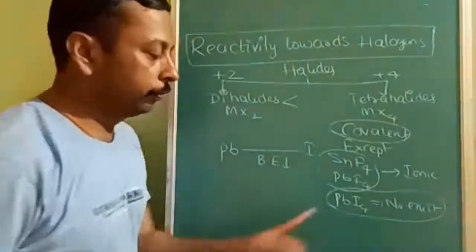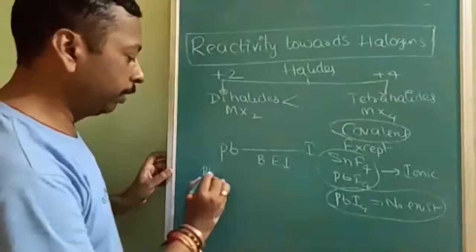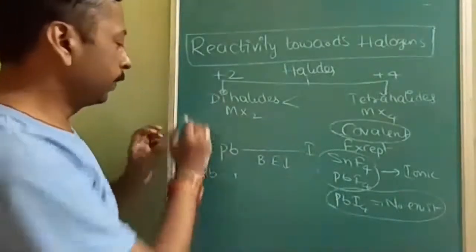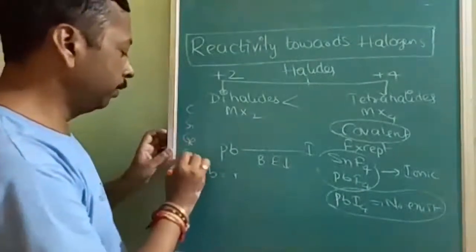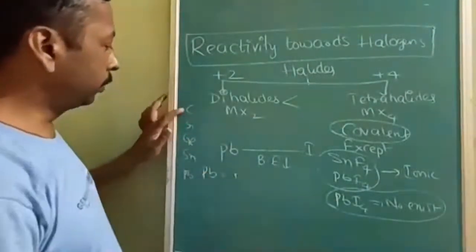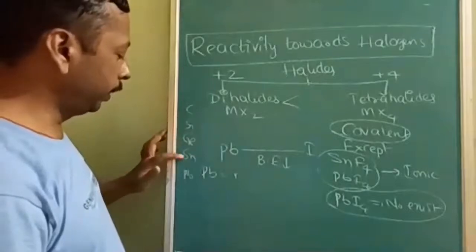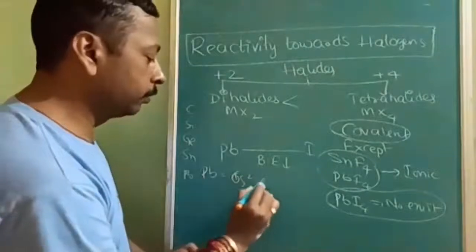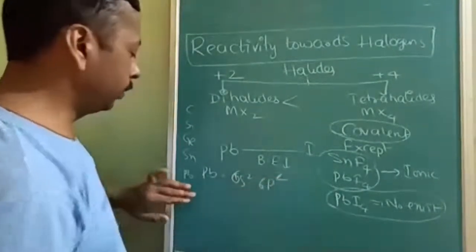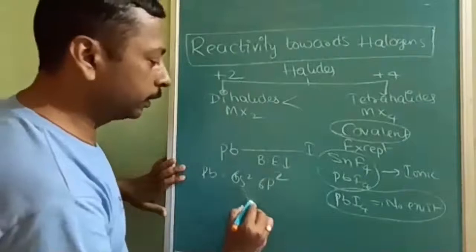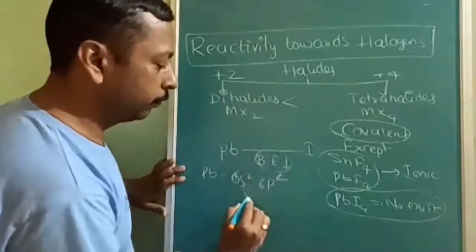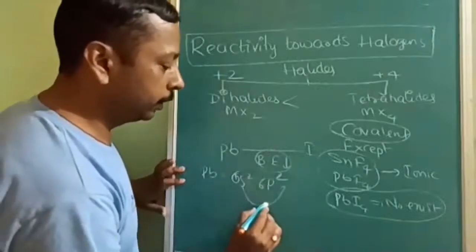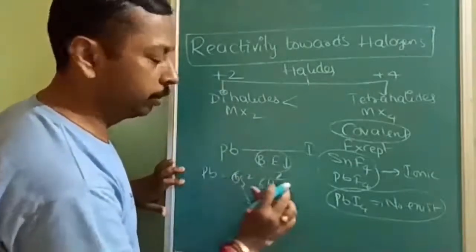So to form PbI4, there should be, carbon 2s2, 3s2, carbon, silicon, germanium, tin, lead: 2s2, 3s2, 4s2, 5s2, 6s2. Okay, so here 6s2, 6p2 is the configuration. So this bond energy is less. Therefore, it cannot excite this electron due to less energy. It cannot excite this electron from s to the p.